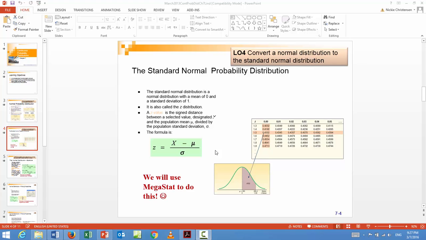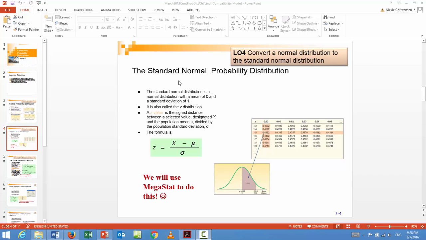So what this means, if you think about it, is there are an infinite number of normal distributions in the world, because there's an infinite number of continuous data pools in the world. Because of that, analyzing each normal distribution would be pretty labor intensive because each one is different.